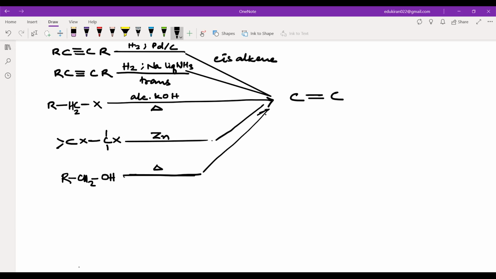Similarly, here also there should be some heat, and you will require concentrated H2SO4 in aqueous medium. And you will be making C double bond C, that is alkene. These 2 are important in terms of cis and trans alkene. These 2 are important in terms of the beta elimination reactions. Write this down, let me know if you're done.